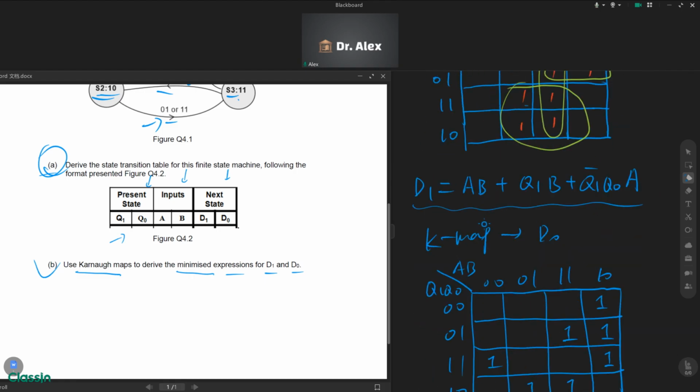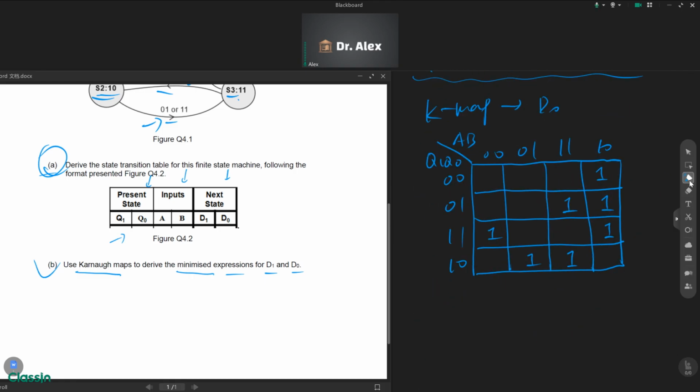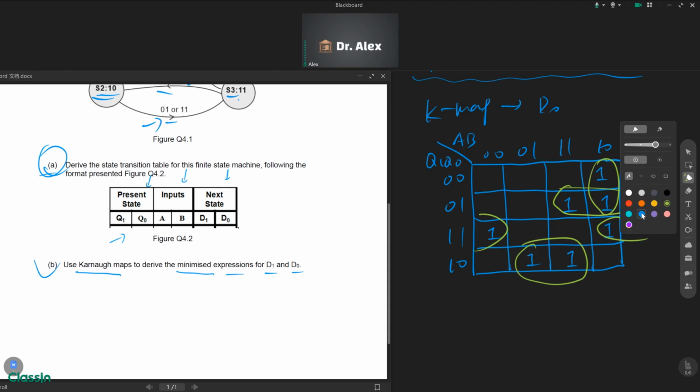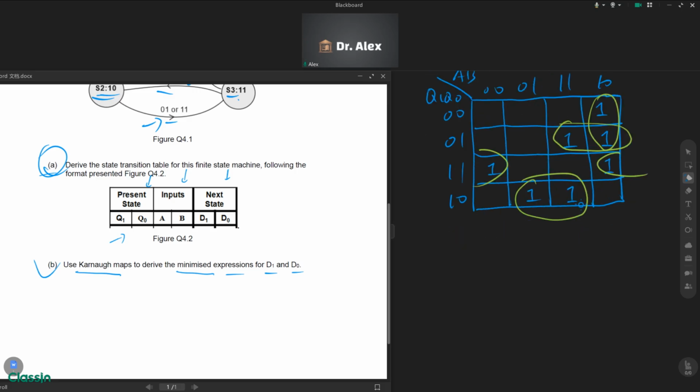Now what we need is just to draw the combinations. Obviously, we can draw the combination like this, and these two, and these two. We can draw 4 combinations to get the final expression for D0.